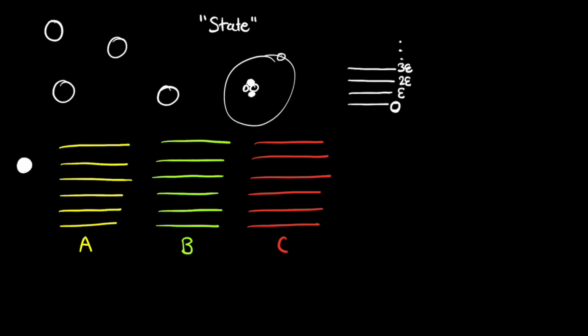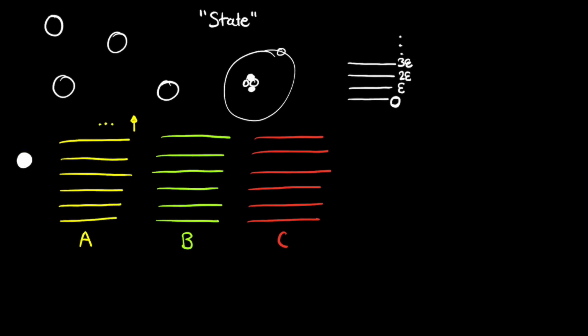Firstly, let's just let these energy levels go on forever. In all three of these systems, the energy level just goes up and up forever. But that doesn't really matter. Let's say, for example, system A has this particle up here on this energy level. In fact, let's make this easier and give these little numbers: 0, 1, 2, 3.